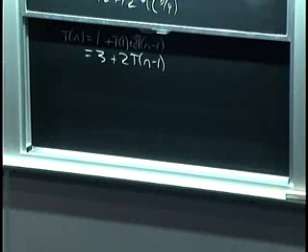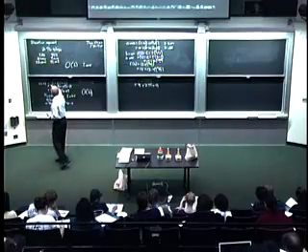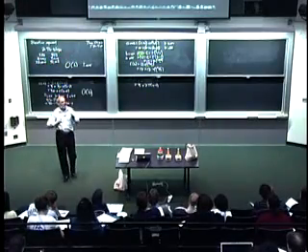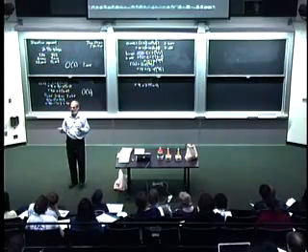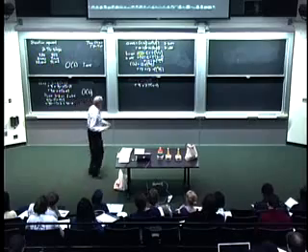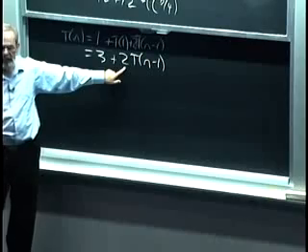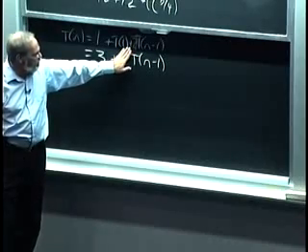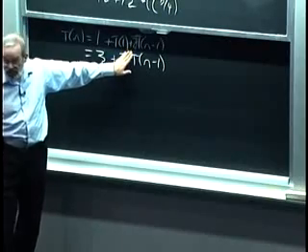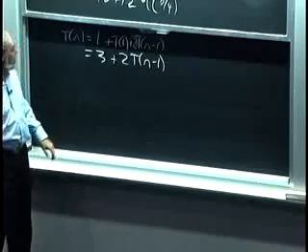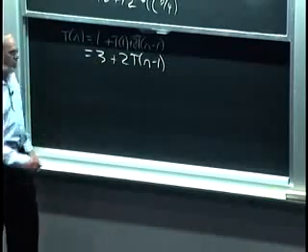Now, you might look at that and say, well, that's just a lot like what we had over here. We had some additive constant plus a simpler version of the same problem reduced in size by 1. But that, too, matters. So let's look at it. How do I replace the expression for T of n minus 1? Substitute it again. T of n minus 1 is 3 plus 2T of n minus 2.